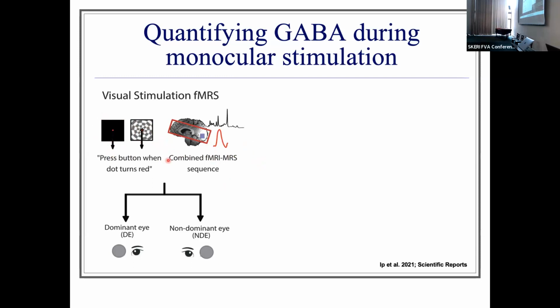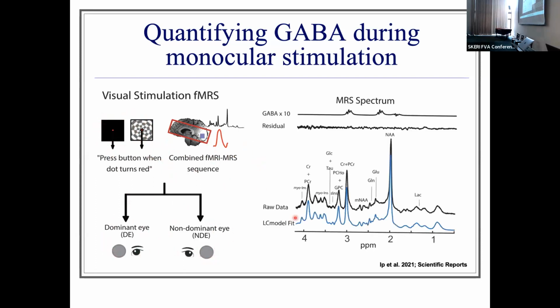But actually, when we're looking for the neurochemical signal, we sum across the activity and the blank screen. So we're looking across the whole stimulus. So we do this again. So we look at when the dominant eye is stimulated and when the non-dominant eye is stimulated. And for each of those, we'll get the chemical spectrum, and we'll extract that GABA signal.